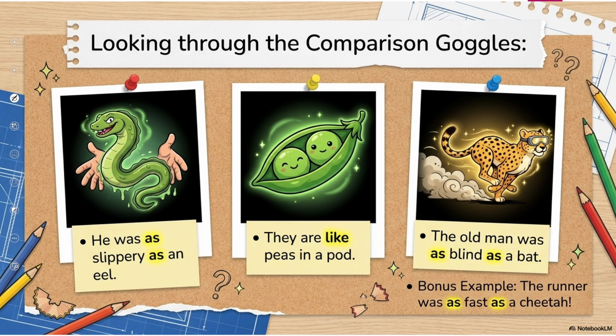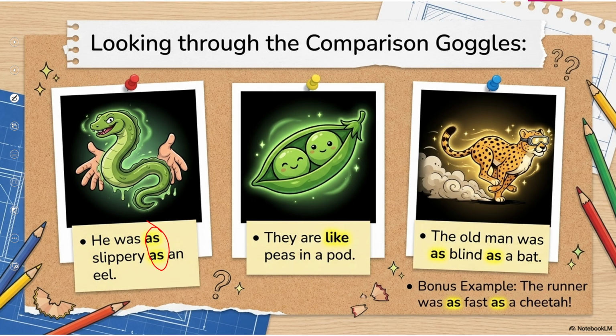Let's see. He was as slippery as an eel. Whenever you catch an eel, it will slip from your hand. Now here's a comparison by using the word as. He was as slippery as an eel. Then we have a second, they are like peas in a pot.